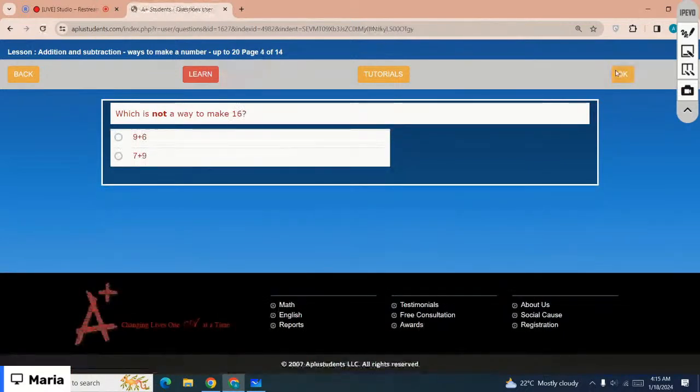Which is not a way to make 16? So which is the correct option? Not a way to make 16.